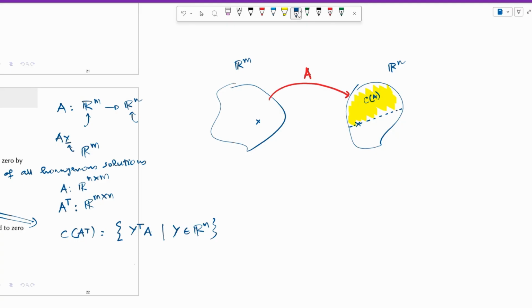Now, let's say we can divide this, and let's say there is a region here. If you choose any point from here, let's say that point always gets mapped to 0.